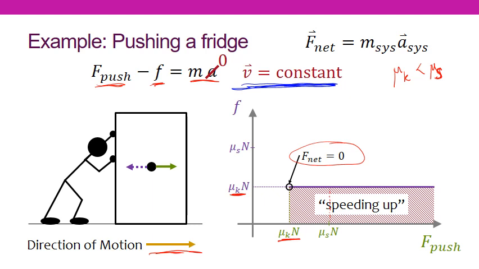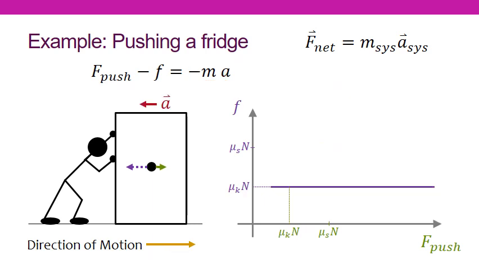My acceleration will be in the direction of the motion of my fridge. And if I ease up a little bit more, well, now I'm no longer at zero acceleration. Now I'm accelerating in a direction opposite the direction of motion. And so I'll have a small acceleration that is now slowing me down. But I will still be moving.